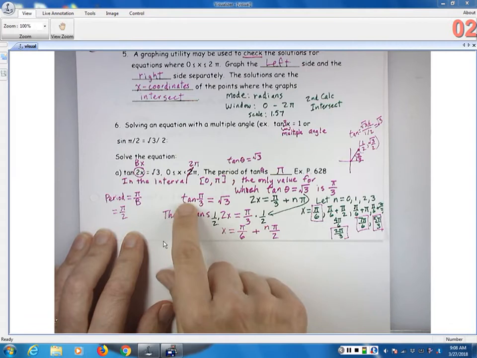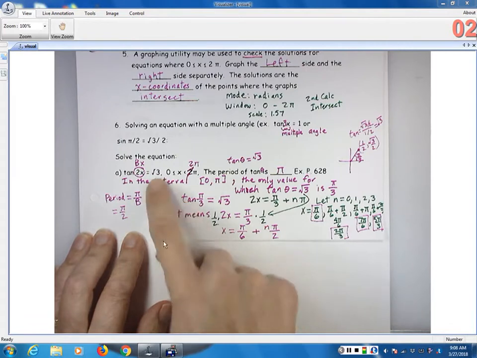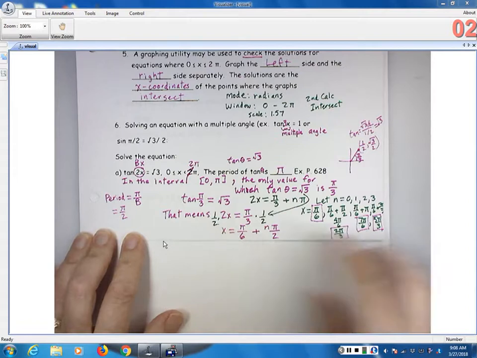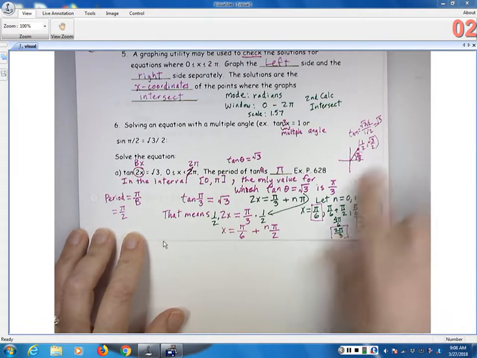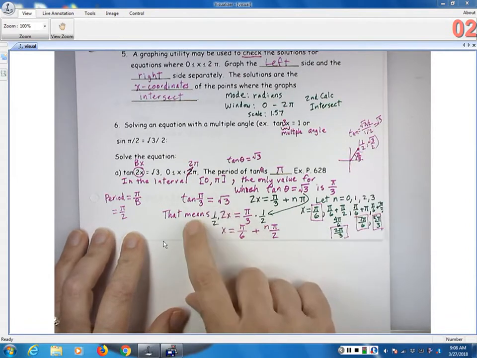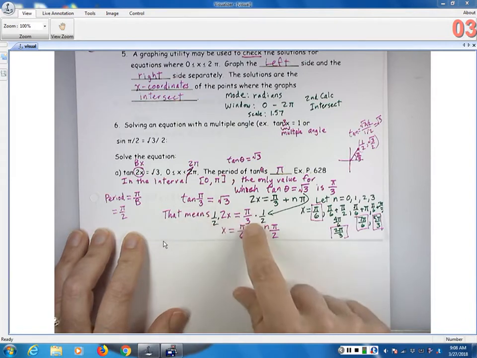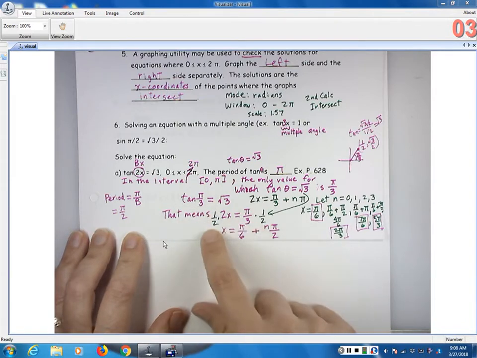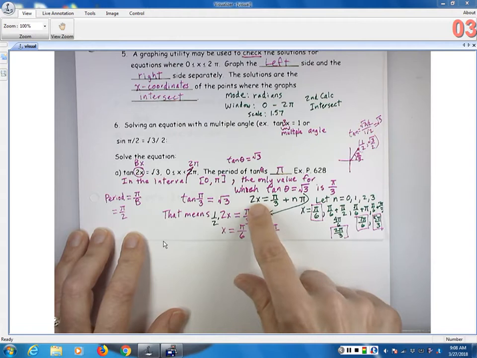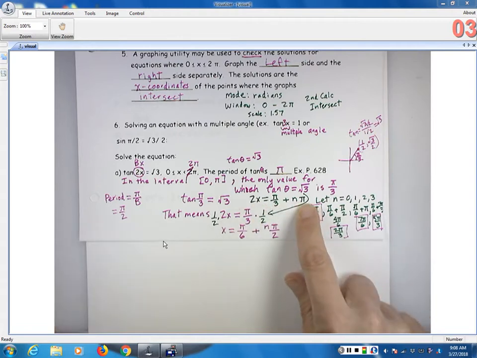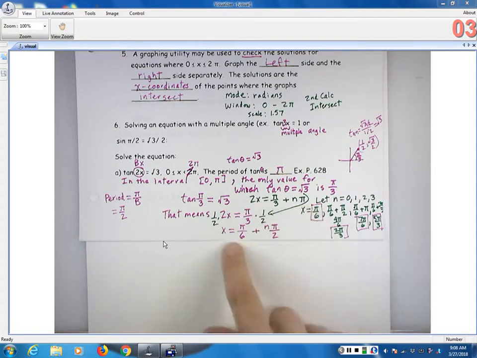Then we notice that tangent of pi over 3, because tangent is sine over cosine, I did it over here, is square root of 3. So that means that 2x equals pi over 3. And then you could say 2x equals pi over 3 plus n pi, because the period of tangent is pi. And then I divide through by 2. These are the terms.